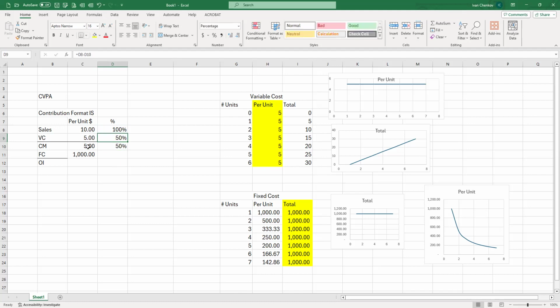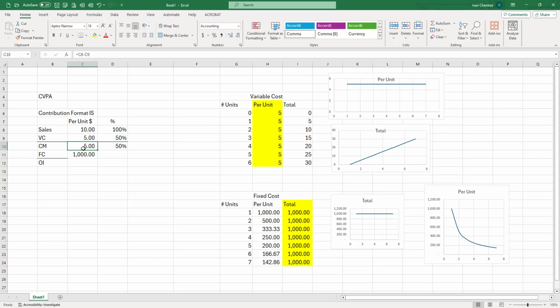Because that's a simple calculation. Now the question is, since I know that if I sell 1 unit for $10, the $10 is going to cover the cost of that unit, $5. It's going to contribute $5 to me.